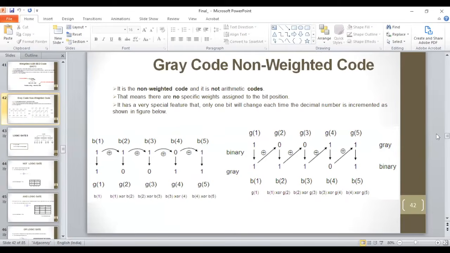You can see the binary is here and the gray is here. Just remember we are going to do the XOR operation. Keep one bit as such, 1. Now 1 plus 1 is 0. In the XOR operation, if the two inputs are the same, the output would be 0. So 1 plus 1 is 0, 1 plus 0 is 1, and 0 plus 1 is 1. Simple as such. I hope I make it clear.